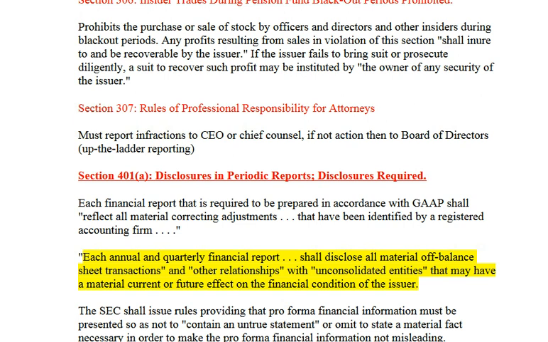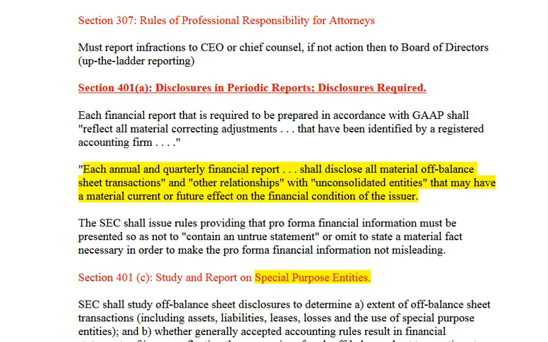Any profits resulting from sale in violation of this section shall inure to and be recoverable by the issuer. If the issuer fails to bring suit or prosecute diligently, a suit to recover such profits may be instituted by the owner of any security of the issuer.